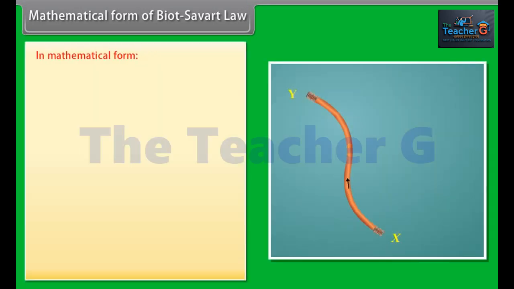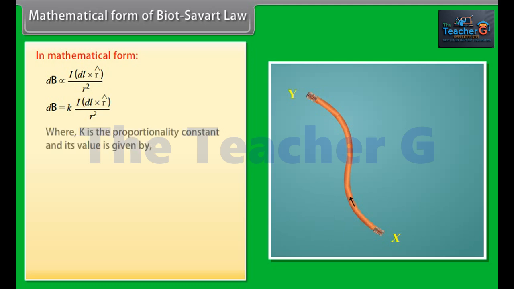In mathematical form, dB is equal to k multiplied by I and cross product of dl and r cap divided by r square, where k is the proportionality constant and its value is given by mu naught upon 4 pi.